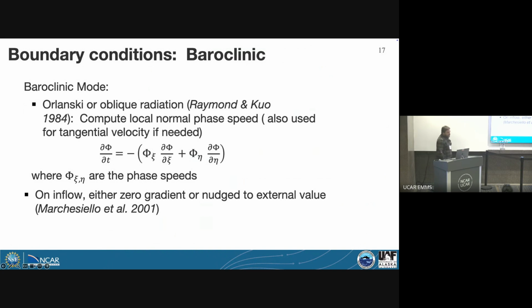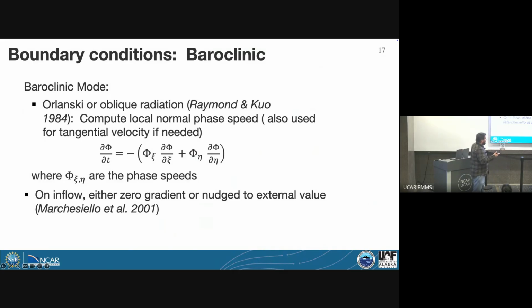Orlanski, 1976, is the normal radiation, and then the oblique was introduced later, in 84. The assumption here is that you can infer the phase speed based on the inside quantities.